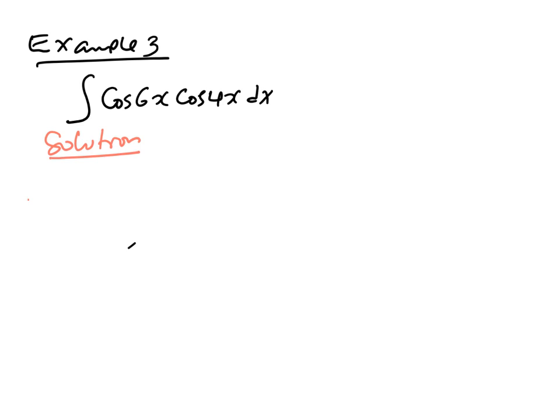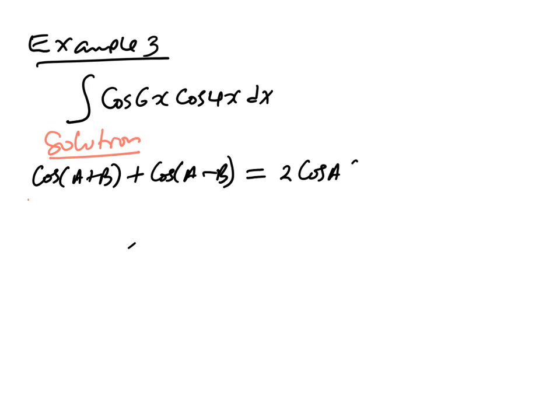Okay, we know that if you have cosine of angle A plus B plus the cosine of angle A minus B, then you're going to get 2 cosine of A cosine of B. Now, you have been given cosine of 6x cosine of 4x.